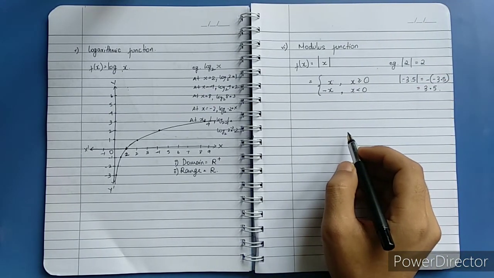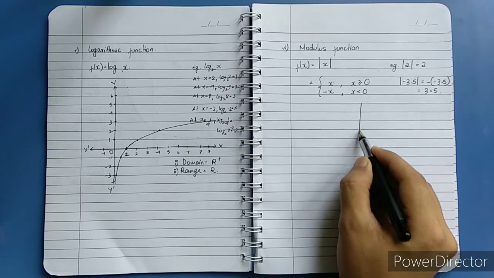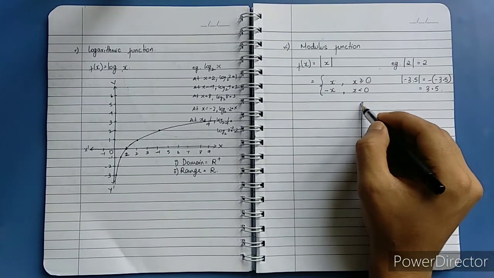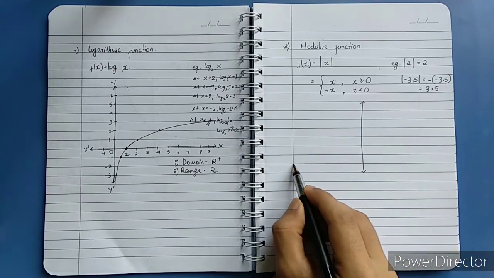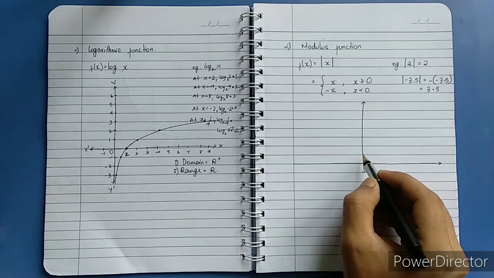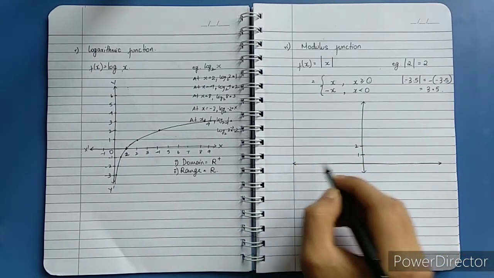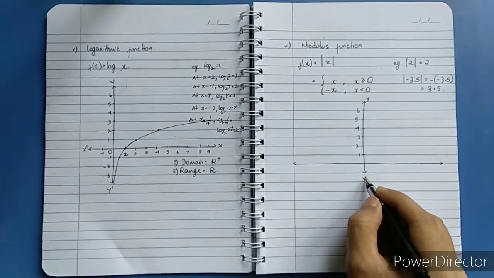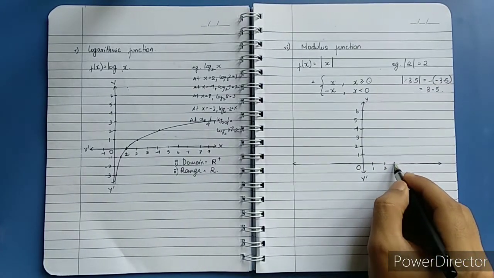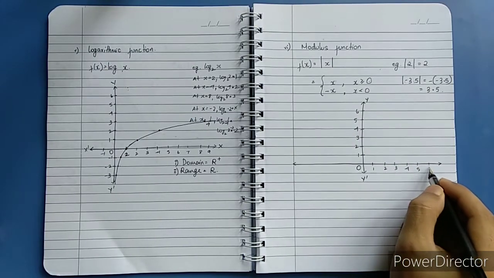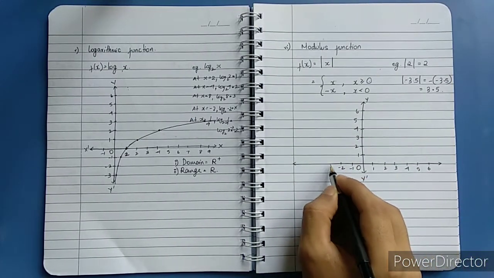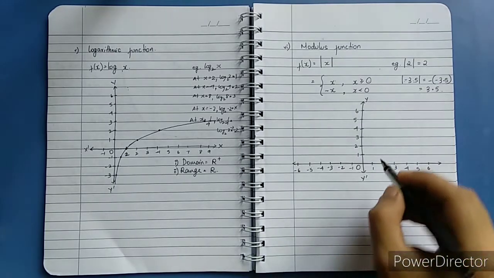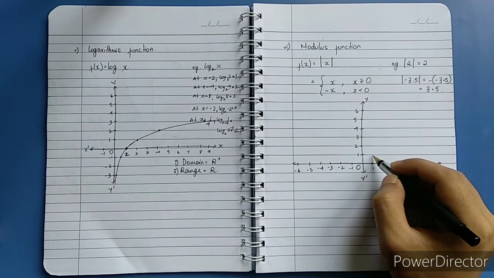So let's look at what the graph looks like. At x value 1, the value of f(1) is 1.